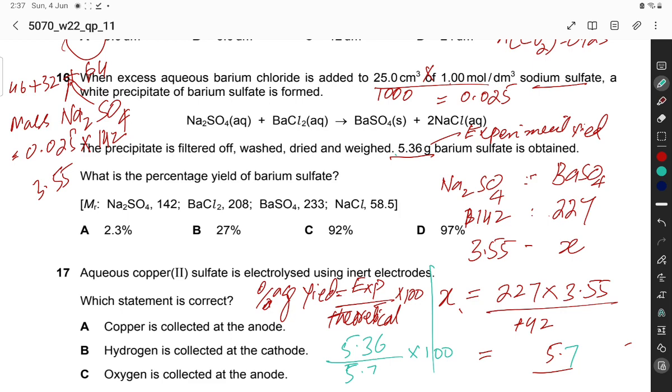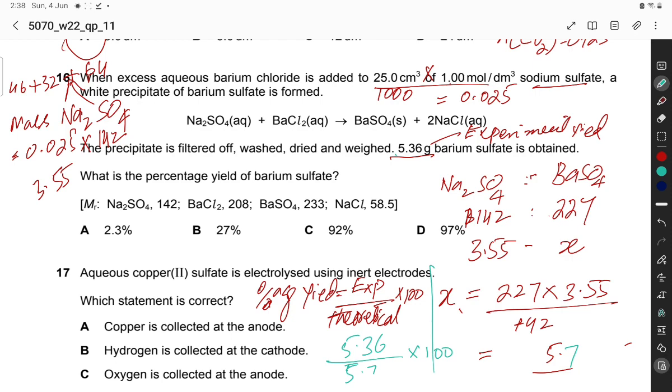Where is the 46 plus sulfur 32 plus 64? This is 142 and experimental yield is 536. 142 into 0.025 is equal to 3.55.